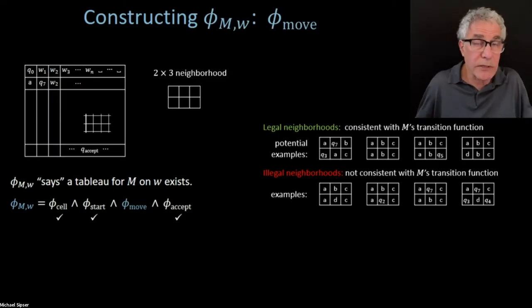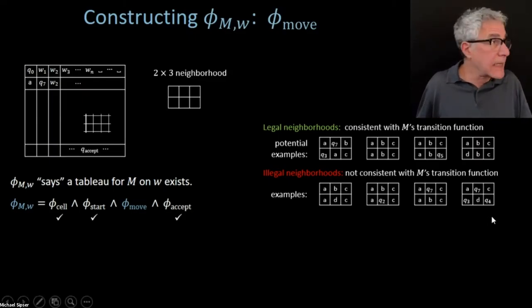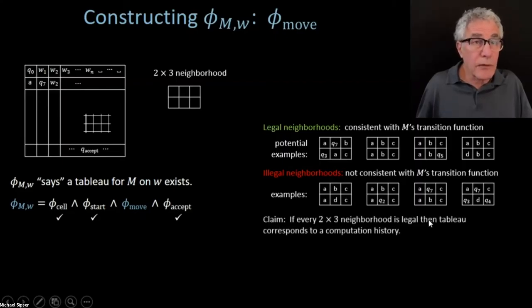Those are multiple threads. I say this because of my claim, which I'm going to put down over here, that if every 2 by 3 neighborhood is legal, then the tableau overall corresponds to a computation history. This illustrates why it's not enough to have a 2 by 2 neighborhood, where you really need the 2 by 3.